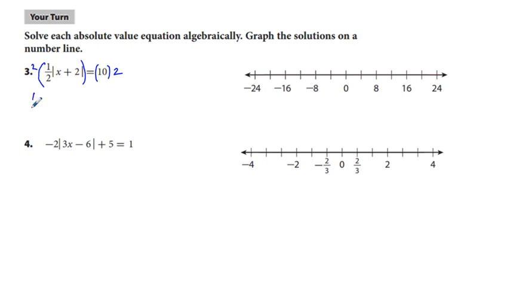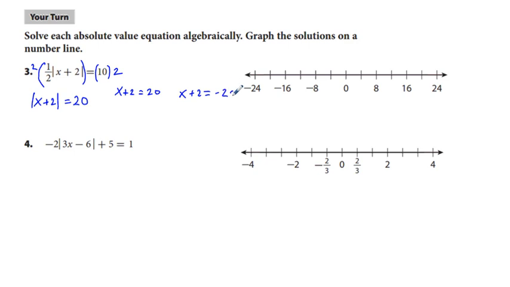So we get absolute value of quantity x plus 2 is equal to 20. And since our right side is a positive number, we have the equations x plus 2 is equal to 20, and x plus 2 is equal to negative 20.